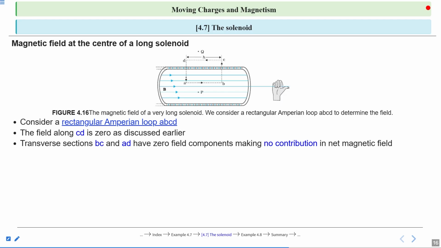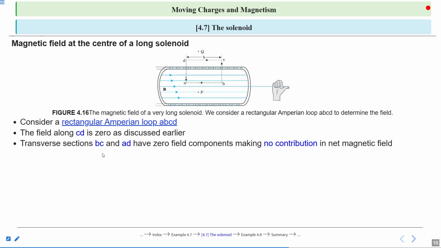B dot dl means B dl cos theta, and the angle between the magnetic field and dl along the length is 90 degrees. So B dl cos 90 degrees will be 0. That means the magnetic field along these two sections, BC and AD, is 0, because they are perpendicular to the magnetic field. Here the magnetic field only has the horizontal component, not a perpendicular component.